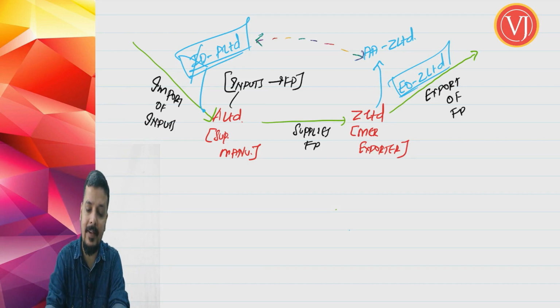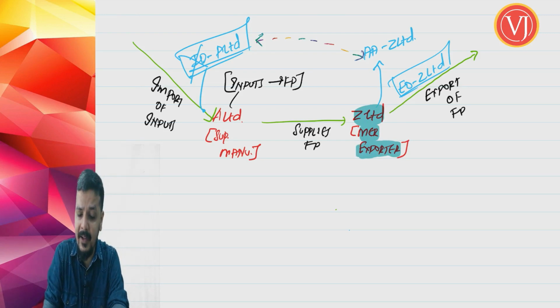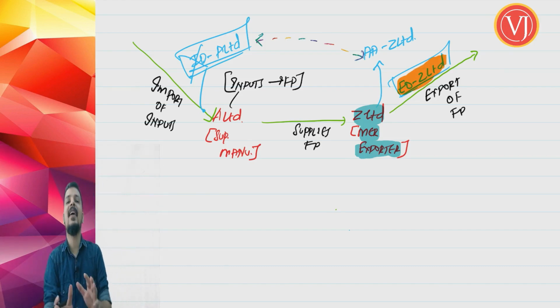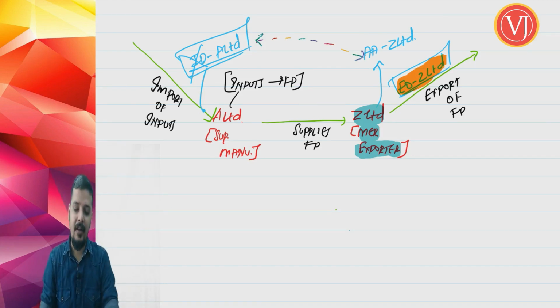Now friends, if you look at things carefully, advance authorization is taken by a merchant exporter who is not manufacturing, right? He promises the export obligation, and he is doing the actual exports. But he is not importing the inputs and he is not manufacturing.